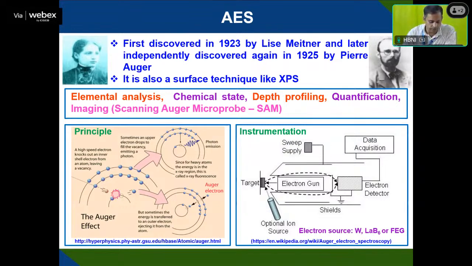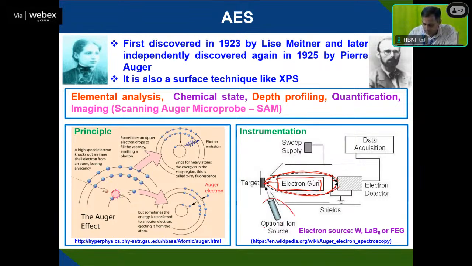Here the principle, as I have already discussed, is a three-electron process. An electron beam falls on the target material, an electron from the sample is knocked out, and it falls on the detector. From the electron source you bombard electrons, and the knocked-out electron goes to the electron detector and data acquisition.